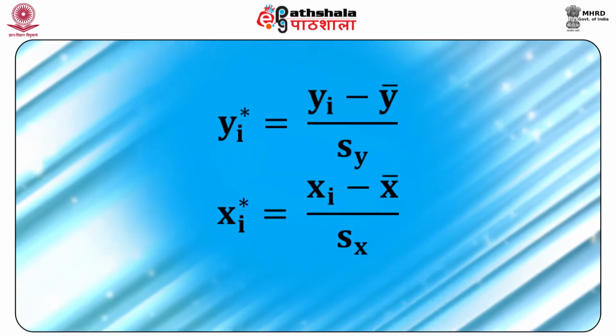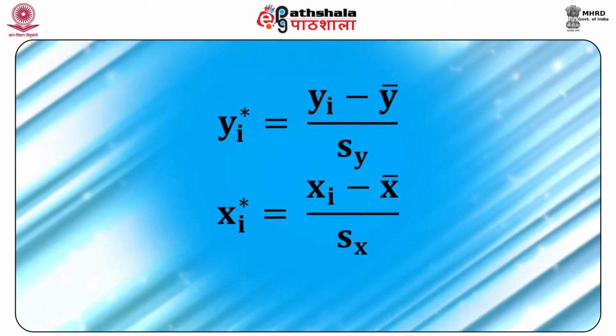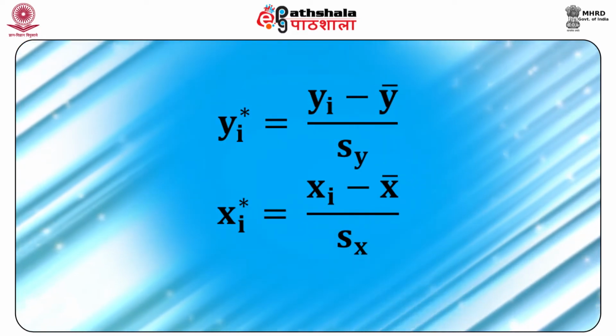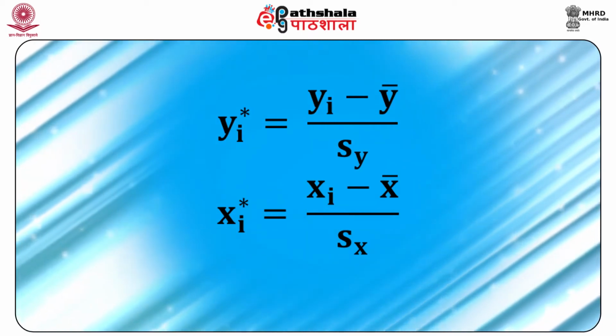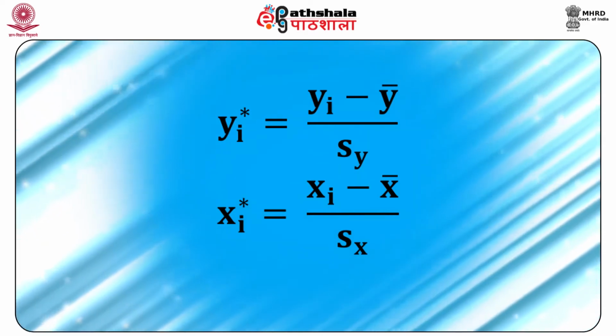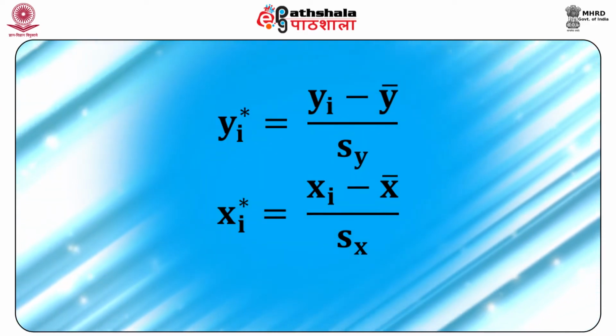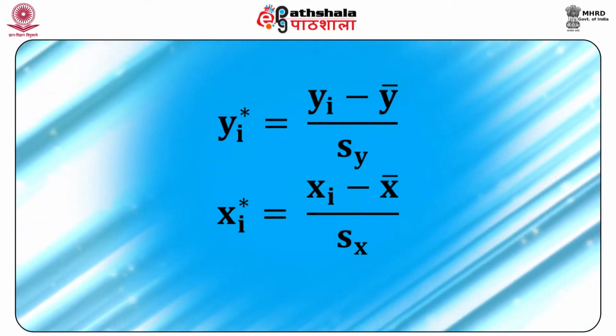Thus, standardized variables are, for example, yi star, defined to be equal to yi minus y bar upon sy. Sy is the standard deviation of yi. Similarly, xi star is equal to xi minus x bar upon sx.